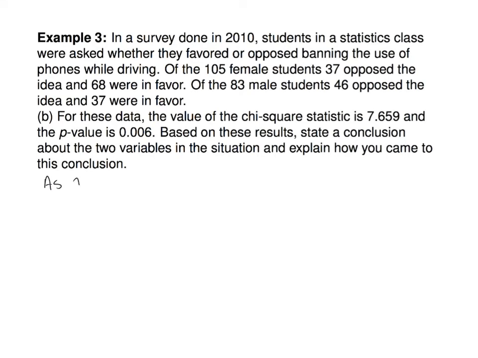Okay, so as chi-squared is bigger than 3.84, we reject H0, and then this leads you to accept the alternative because the null hypothesis is false, and this means that we accept that there is a relationship between gender and opinion about a cell phone ban.